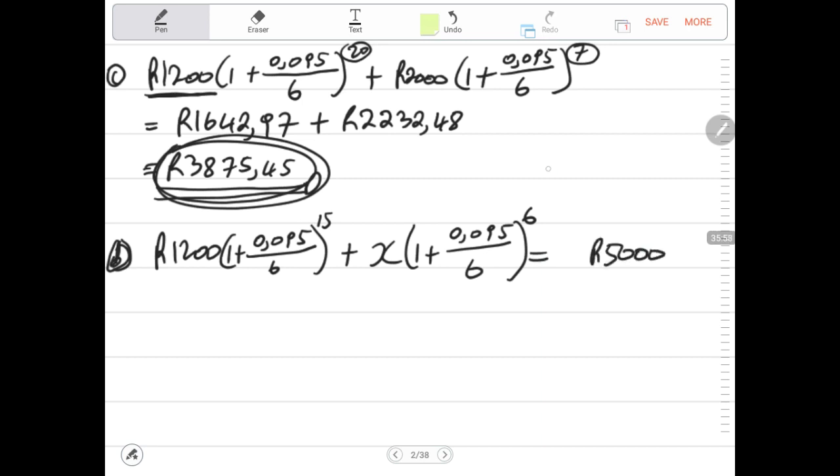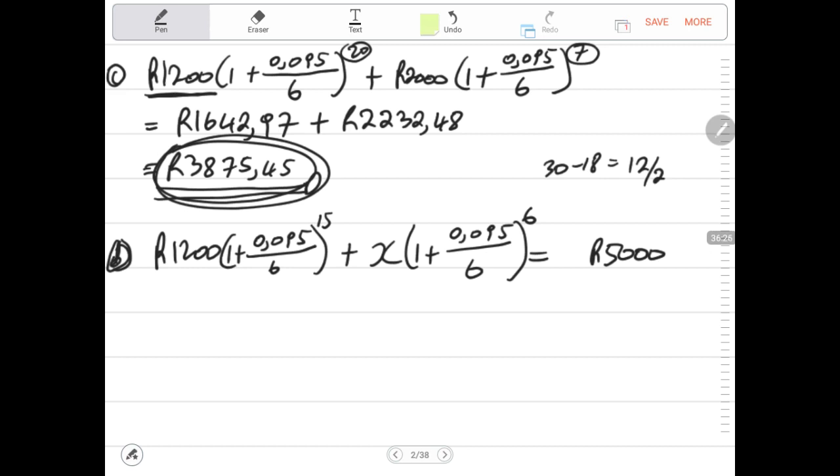Remember that 6 comes from 30 minus 18, which gave us 12 months. We divided by 2, so here we have 12 divided by 2. That is where the 6 comes from, meaning interest will be compounded 6 times.